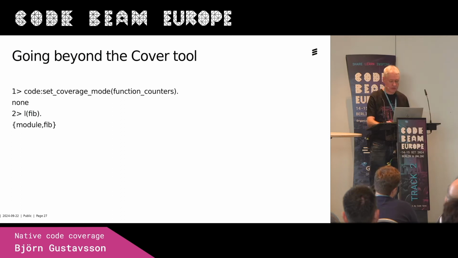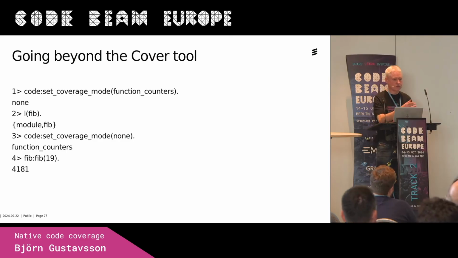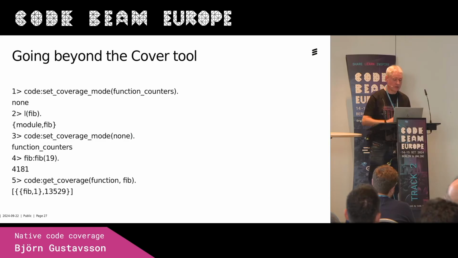So here you can instrument only the fib module. You can instrument only the modules you're interested in to further reduce the performance penalty. And then I reset it to not do any instrumentation. And if we call the Fibonacci number 19 again, here we can retrieve the code coverage for a function, and see how many times it was called.